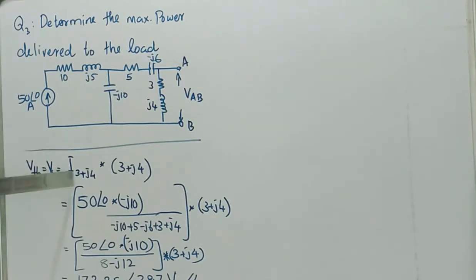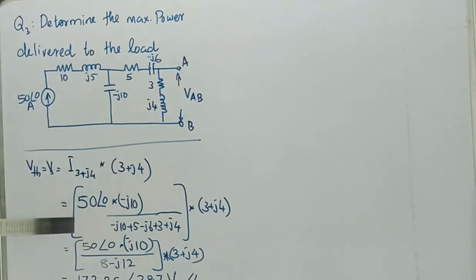To obtain I(3+J4), we apply the current division rule. Here the main current is the source current itself, that is 50 angle 0. So main current into the other branch impedance, that is minus J10, divided by the total impedance in this parallel circuit, that is minus J10 plus 5 minus J6 plus 3 plus 4J, into this impedance, that is 3 plus 4J.